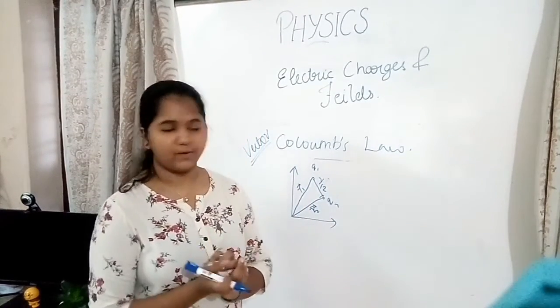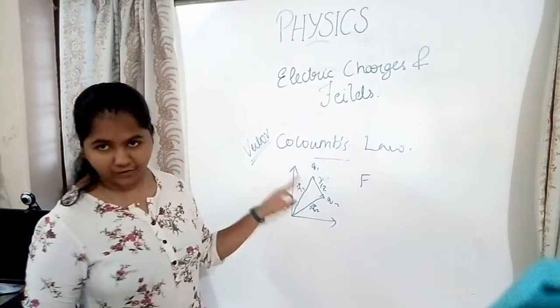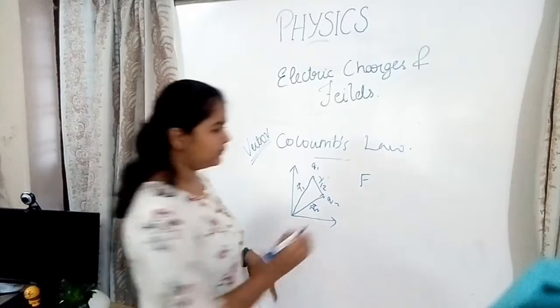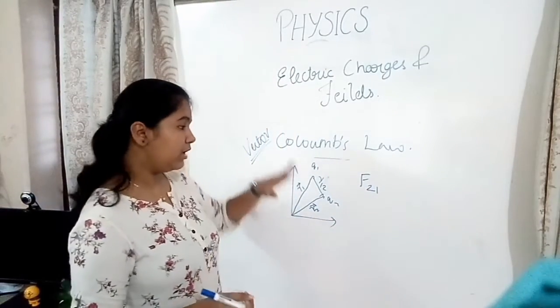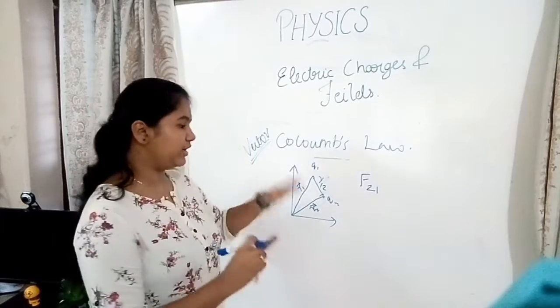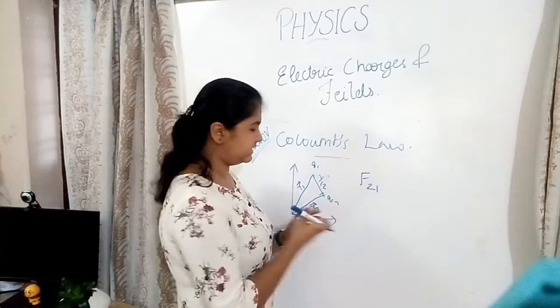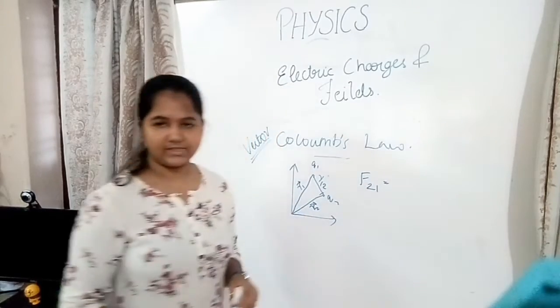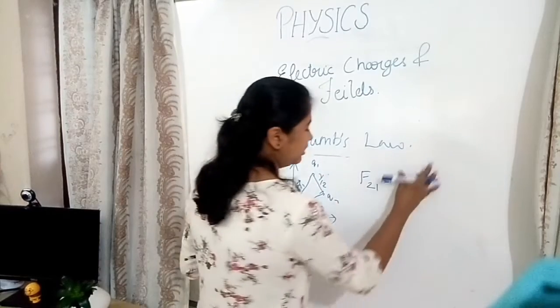Now what should we find out? The force. The force acting on Q1 due to Q2 is F21. So Q2 is acting on Q1. F21 is equal to, what does the equation say? K is 1 by 4 pi epsilon 0.